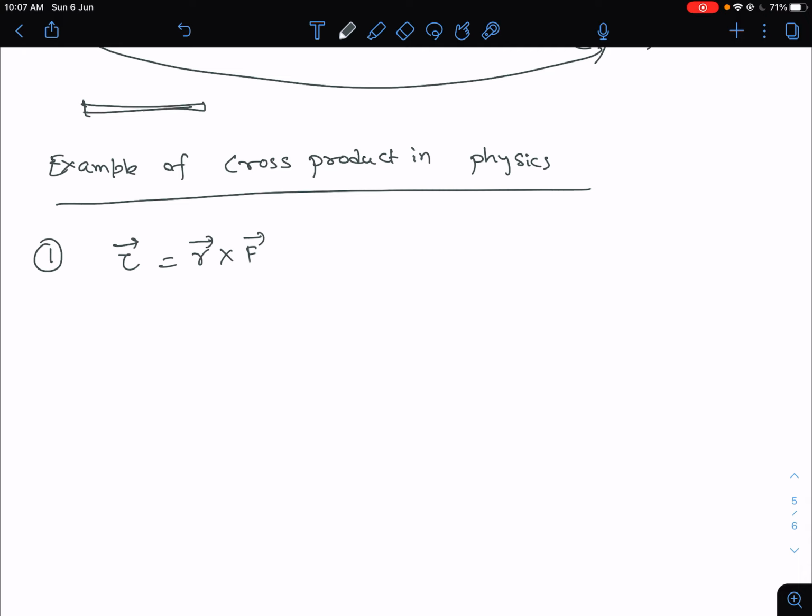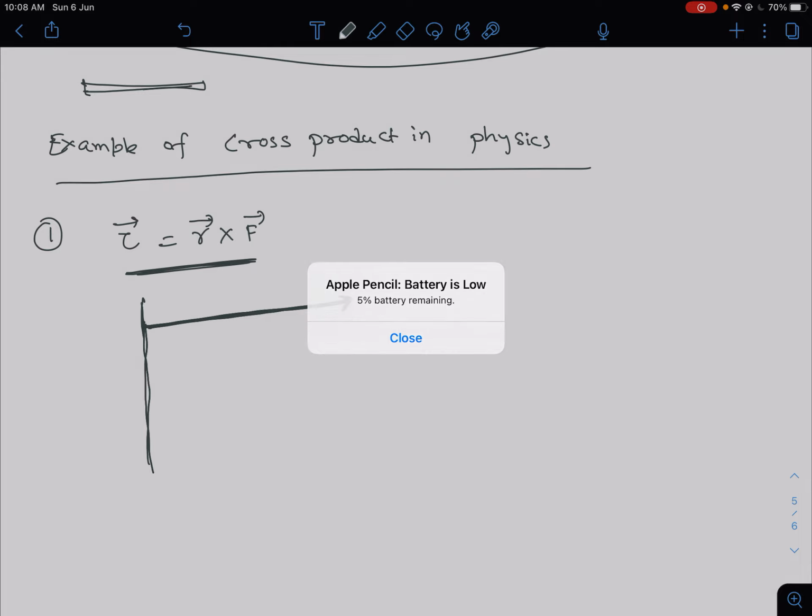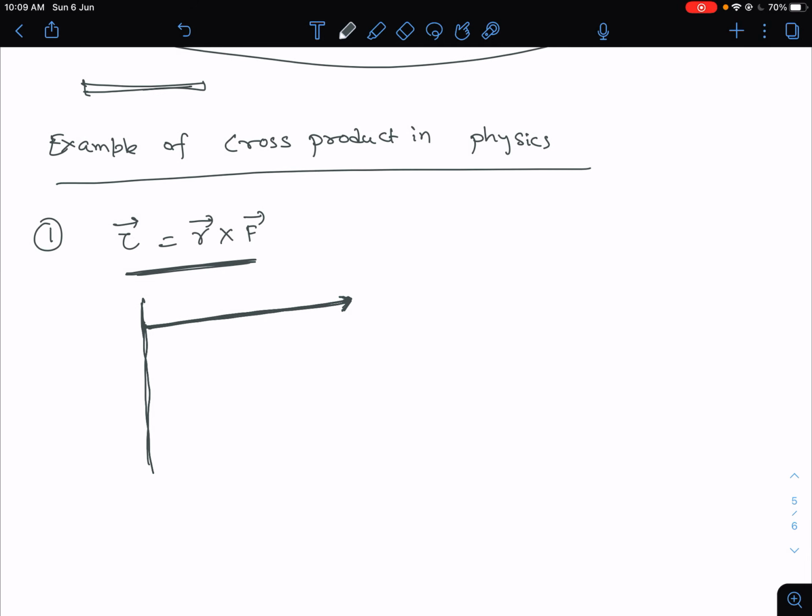Torque is basically the rotational effect of force, the rotational version of force. Let's say you have a stick attached at one end to a wall, and if you make it horizontal and then leave the stick, it will move in this direction.